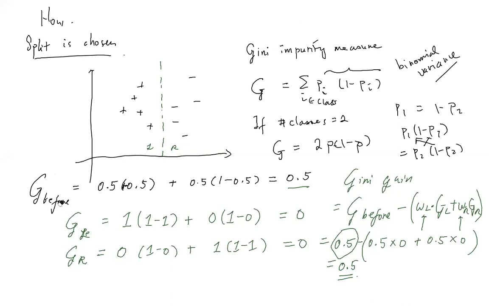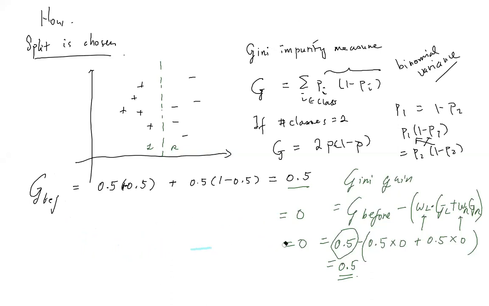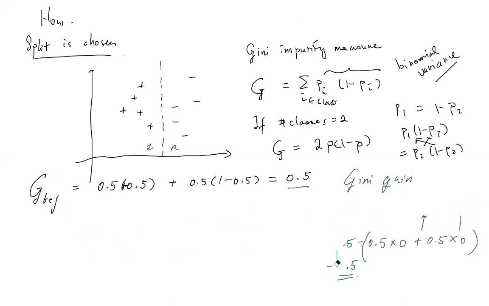Right? So anyway, now I want to show you the difference. What if you had made a split like the following? Suppose you didn't split here, but you split over here.